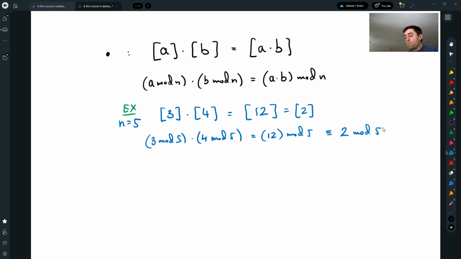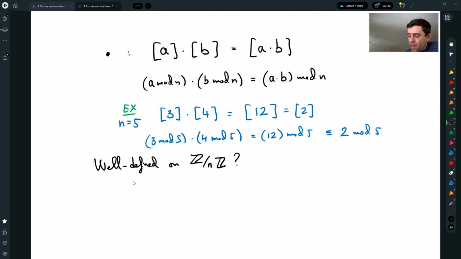Now, you have to prove that this is actually well-defined. Are these operations well-defined on Z modulo NZ? So what that means is that I'm picking representatives for the class of A and for the class of B, but I could have picked a different representative.